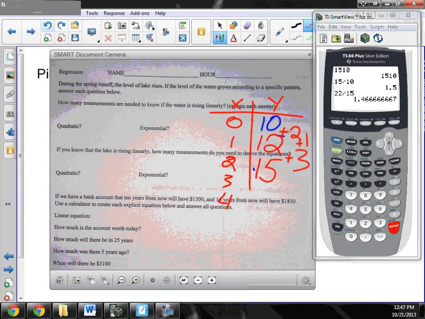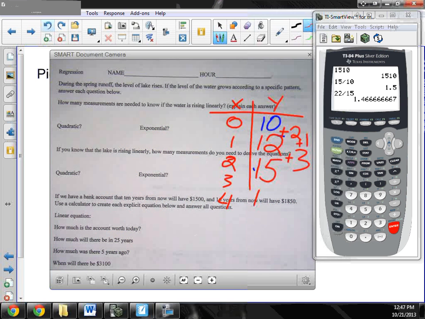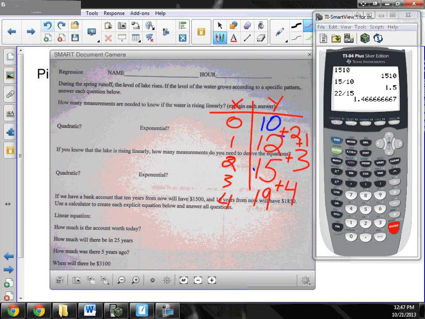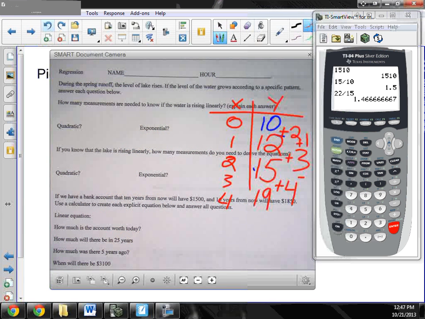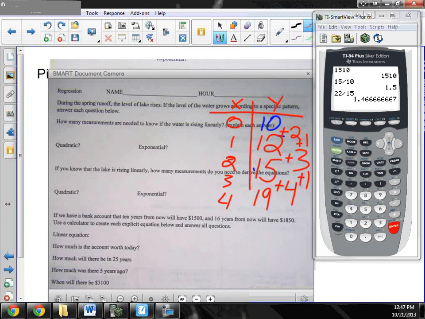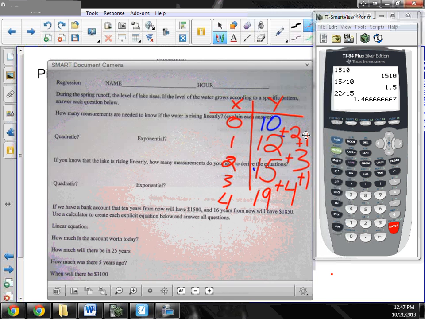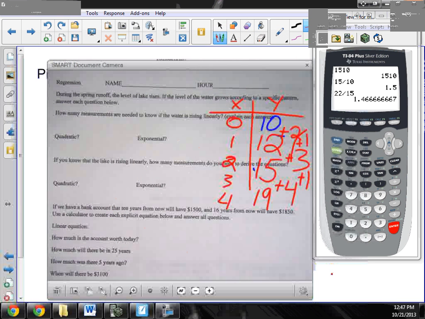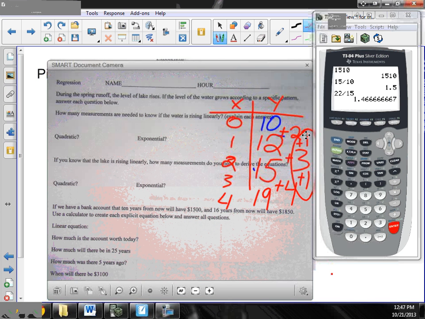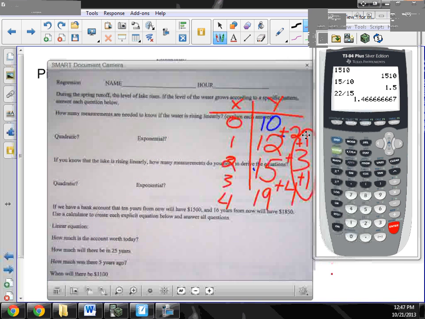So if this was 19, then that would create a first difference of 4, which creates a second difference of 1, and those match, so yes, it's quadratic. So I need 4 points, because in order to calculate 2 second differences, you need 4 points to do so.